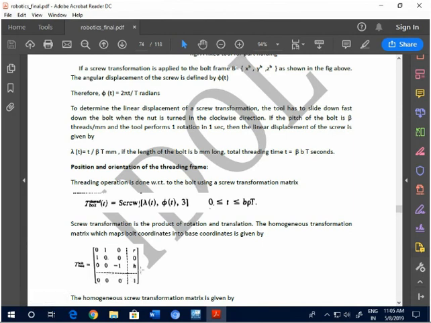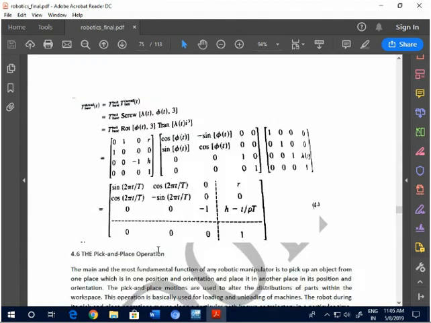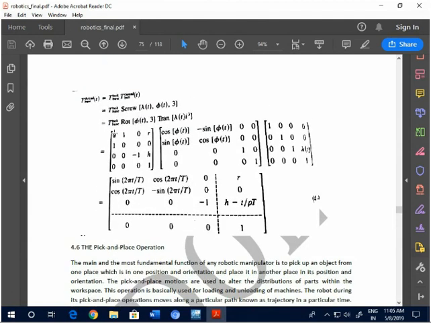Now the homogeneous screw matrix is given by the rotation identity matrix. It is rotating in one coordinate, so it will be taken care of as cos theta t, minus sin theta t, and cos theta t.